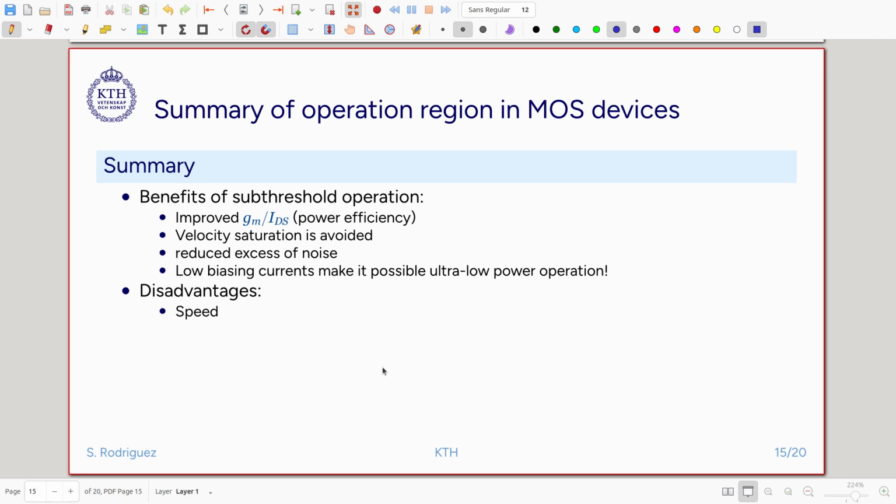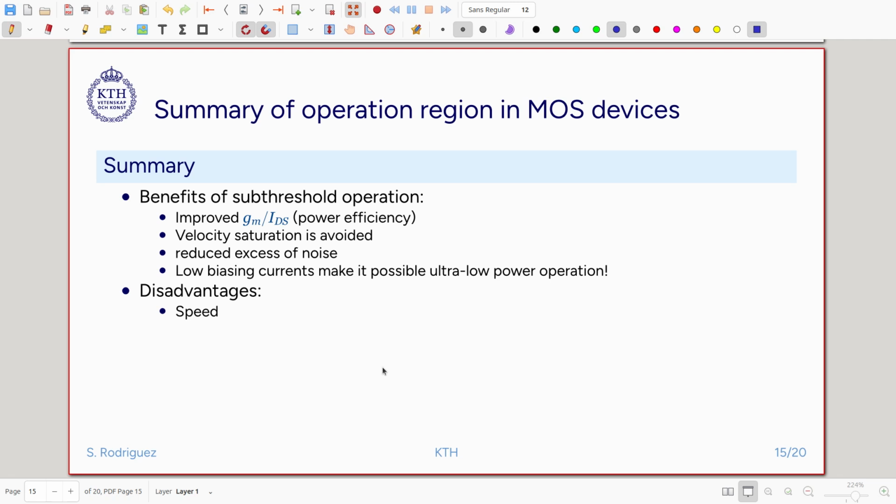We have a reduced excess of noise also, and we have that low biasing currents make it possible ultra low power operation, because in weak inversion we are talking about very small currents that are necessary to put the transistor in weak inversion.